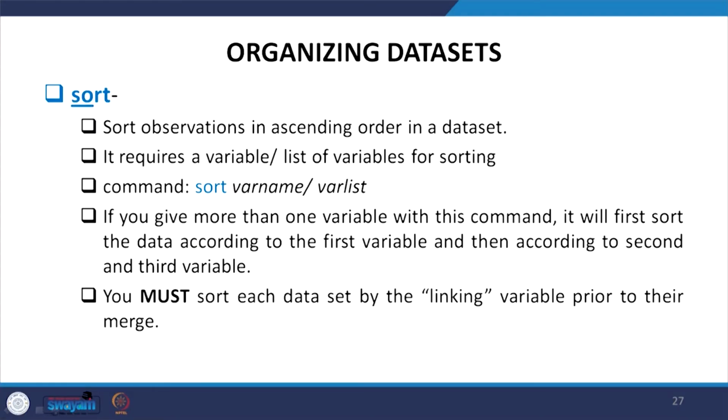Okay. All right. If you give more than one variable with this command, it will by default sort the first variable and then accordingly sort the data with the second and third variables as per the first variable. So, you must sort each data set by the linking variable prior to merging. Okay. I think we will also clarify this while merging and appending; we have some dedicated lectures for it.